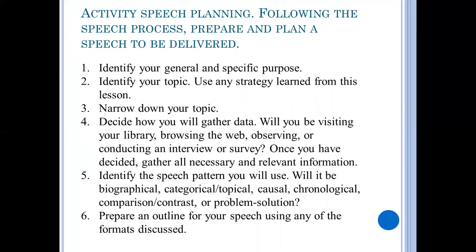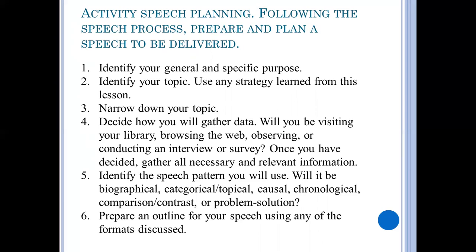Once you have decided all the necessary data or the relevant information that you needed, then you may go on and identify the speech pattern that you will use. Will it be biographical, categorical, causal, chronological, comparison, contrast, or problem solution?